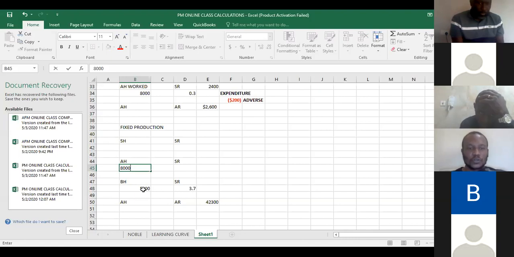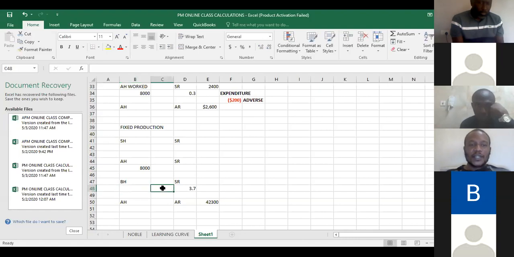The way you have standard multiplied by actual units will give you your standard. That's the same way your budgeted will be budgeted multiplied by budget will give you your budgeted.